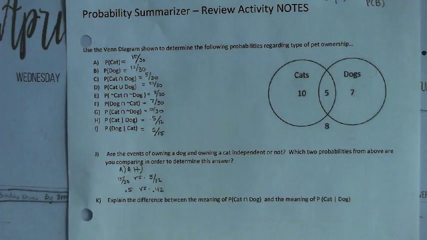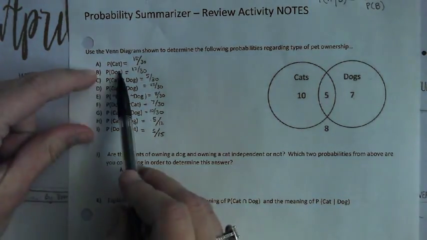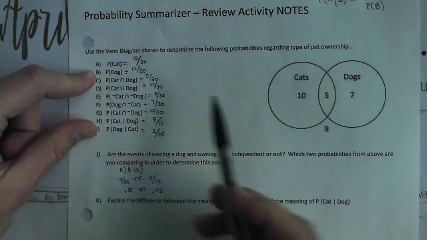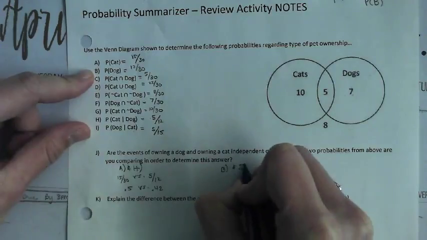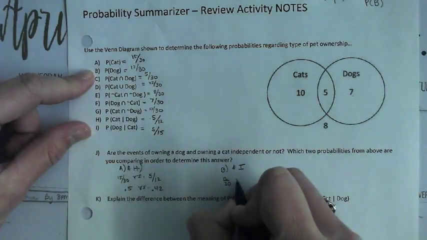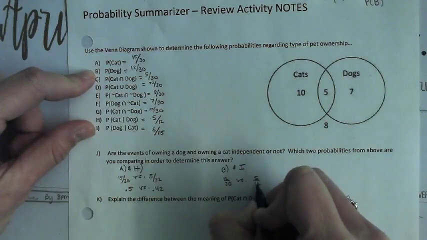What else could you have compared? There's another way of doing it. Nate. B and I, the probability of a dog alone and the probability of a dog given a cat. So B and I. So that's 12 out of 30 versus 5 out of 15.